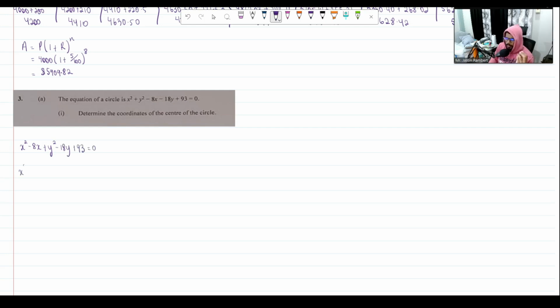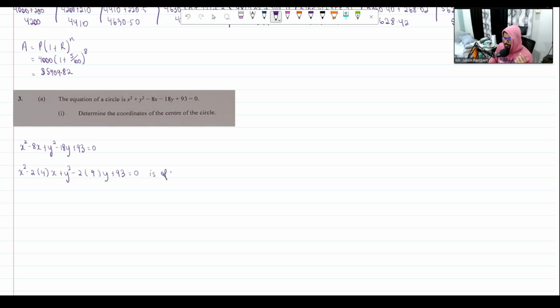I want x squared minus 2 multiplied by something x plus y squared minus 2 multiplied by something y plus 93 is equal to 0. So what must go here to maintain the minus 8? A 4 has to go here to maintain the minus 8, and a 9 has to go here to maintain the minus 18.